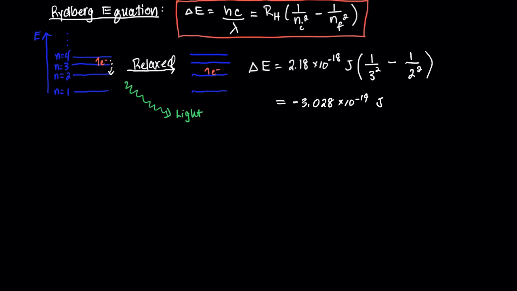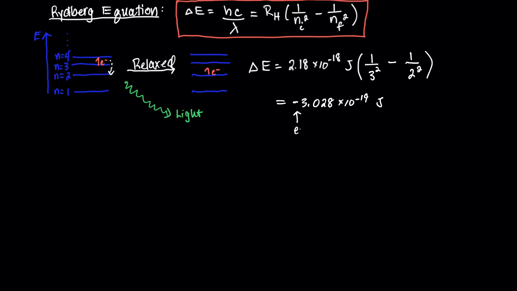I want to make a couple of notes here. One is we get a negative value for our energy. If we're going to report the energy of a photon, it can't have negative energy, so we take the absolute value. What that negative is telling you, though, is that the atom is losing energy as that electron relaxes back to a lower energy level.